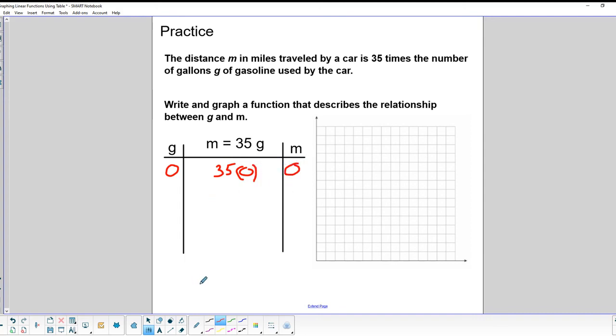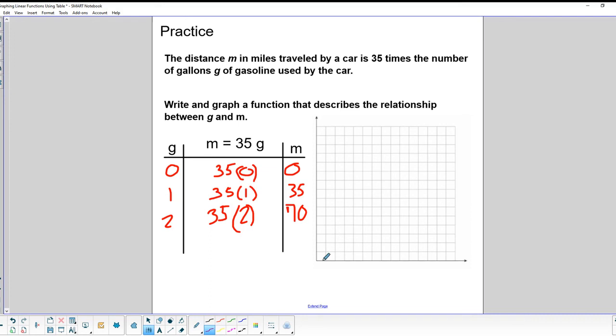What if we put in 1 gallon? That would be 35 times 1, or we'd go 35 miles. If we put in 2 gallons, that would be 35 times 2, or in other words, 70 miles. We could go that far on 2 gallons. That's actually pretty good mileage by today's standards in our cars.